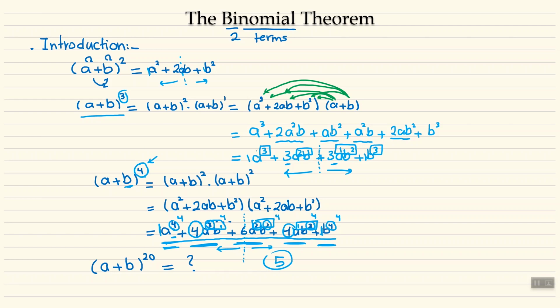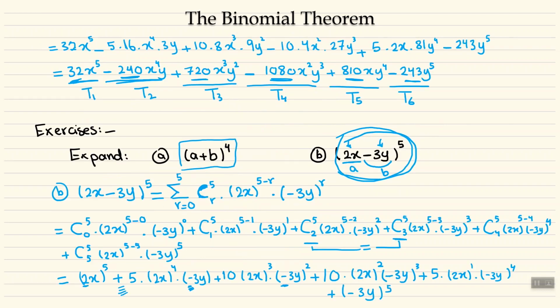So how many terms did we get? We got 5 terms with a power of 4. If the power is 3, how many terms did we get? 1, 2, 3, 4. We got 4 terms, and the power was 3. If the power was 2, how many terms did we get? 1, 2, 3. We got 3 terms, and the power was 2. Even here, what was the power? It was 5, and we got 6 terms.